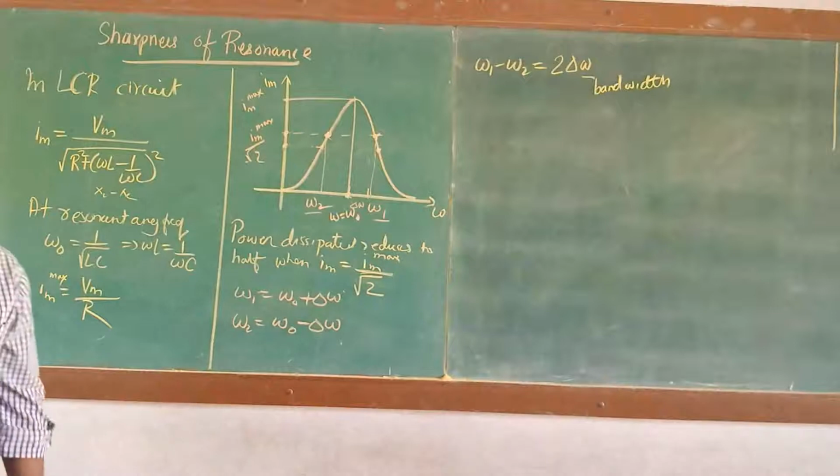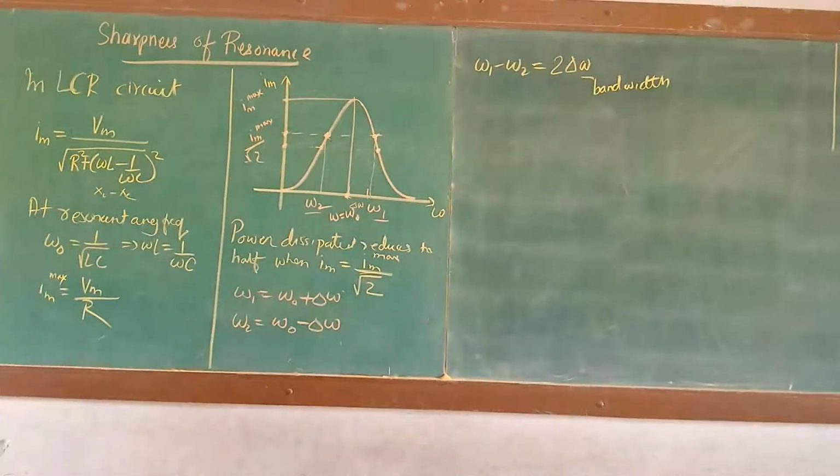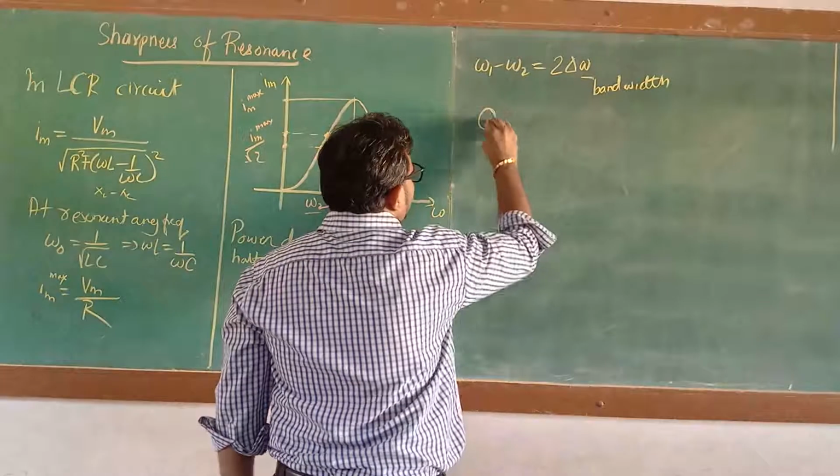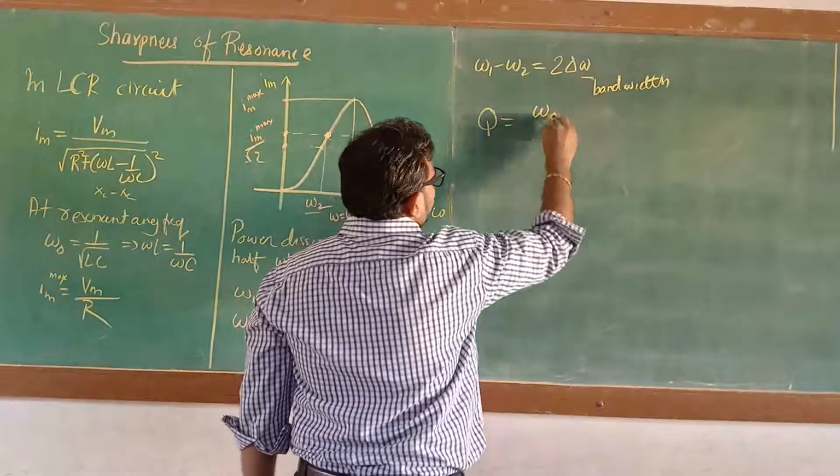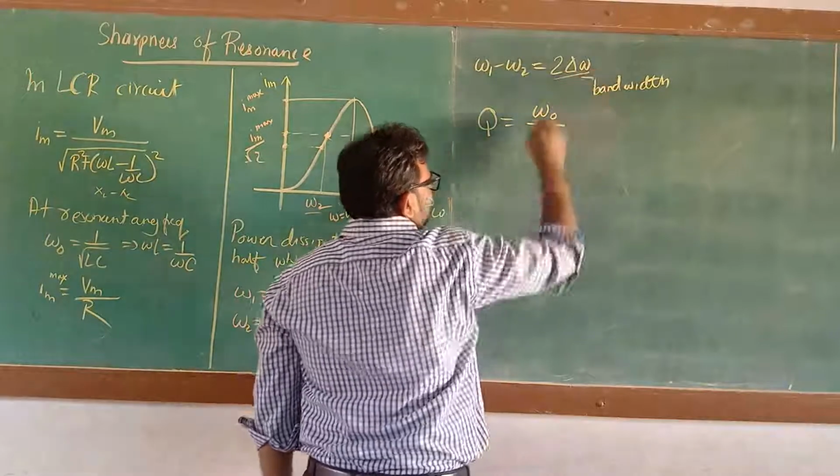And the factor omega 0 upon 2 delta omega is called the sharpness of curve. Here you have seen the sharpness of resonance, that is sharpness of curve. Means the Q factor is equal to omega 0 upon this bandwidth.